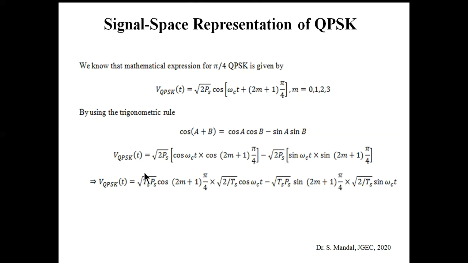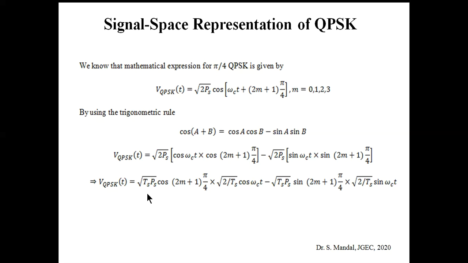Now, as we want to draw the signal space diagram, we have to express it in terms of energy. We know the relationship between energy and power is Ps into Ts equals Es. That means energy equals power into time period.